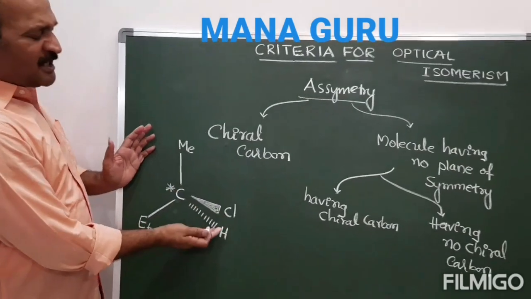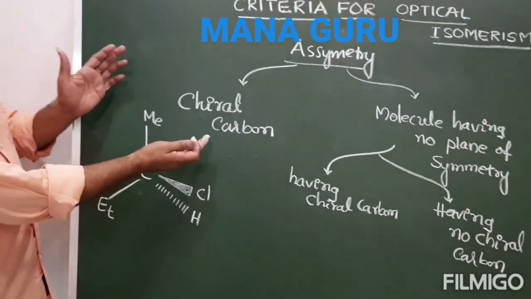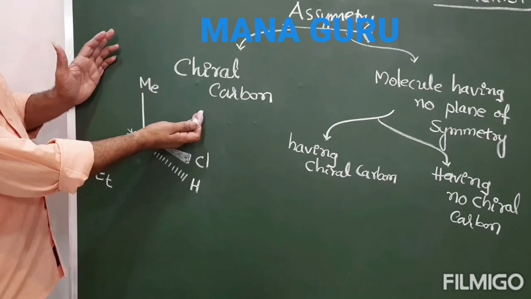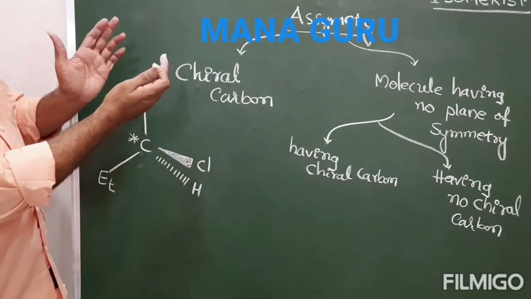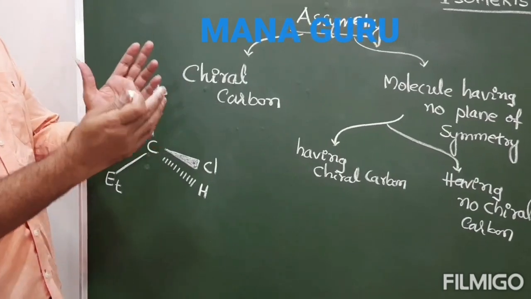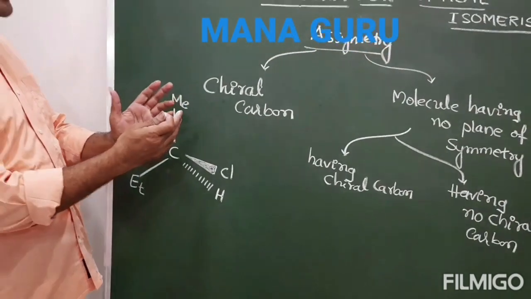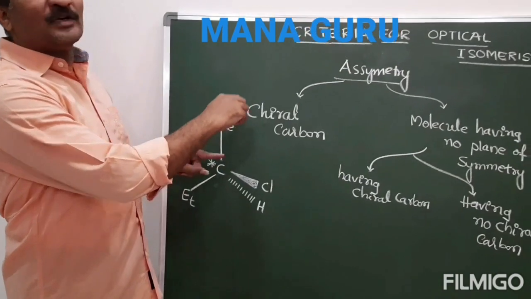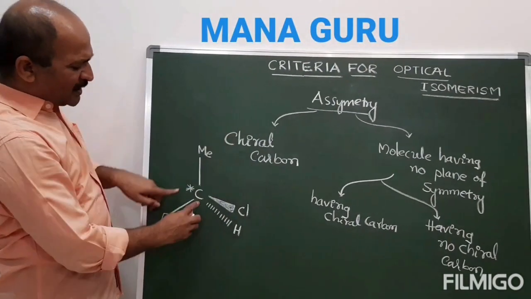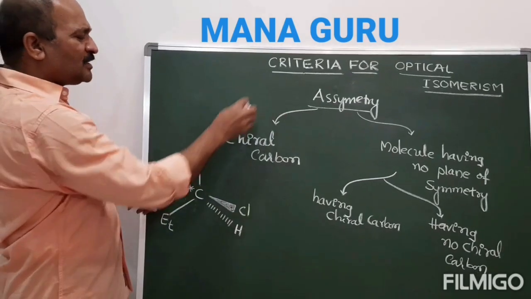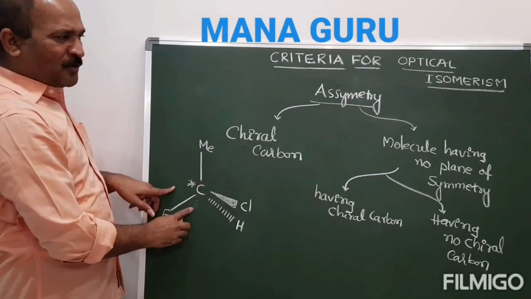It forms an asymmetrical molecule. That's why it exhibits optical isomerism. Optical isomerism is the isomerism formed due to the difference in the activity of the molecule towards plane polarized light. So chiral carbon is a criteria to exhibit optical isomerism. This is the one point.